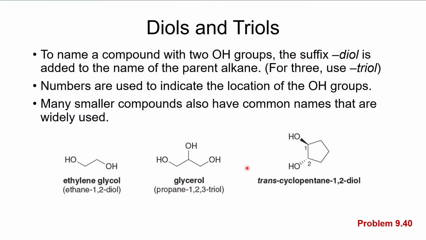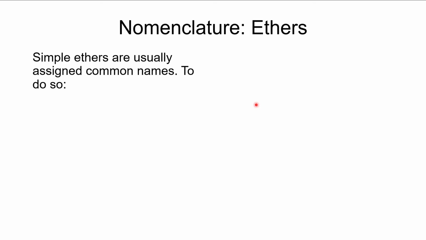So let's go back. And now we'll look at the nomenclature for ethers and epoxides. We'll start with the ethers. There's 2 ways that you can name ethers.